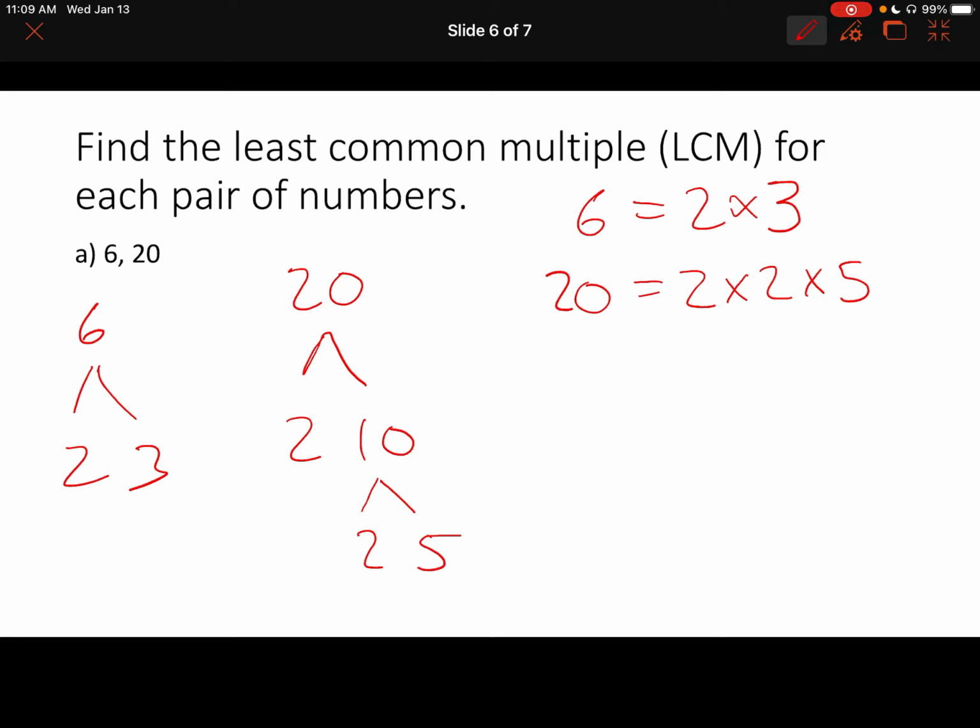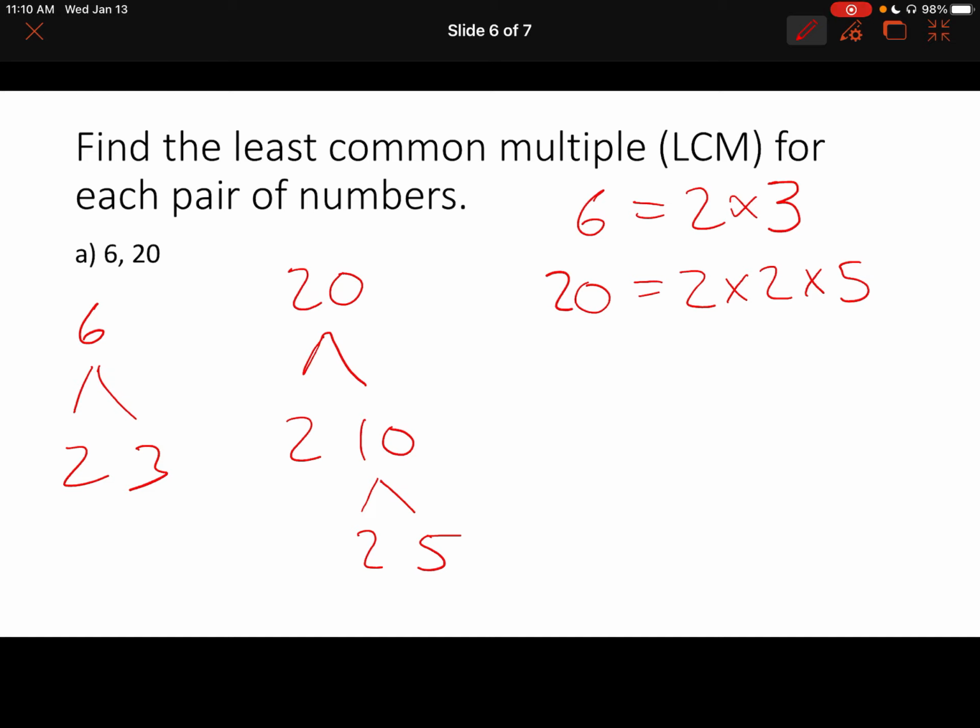So here, what we want to do is we're not looking for common factors. What we're looking for is the least common multiple will be the product of each factor, the greatest number of times each factor appears in either prime factorization, right?